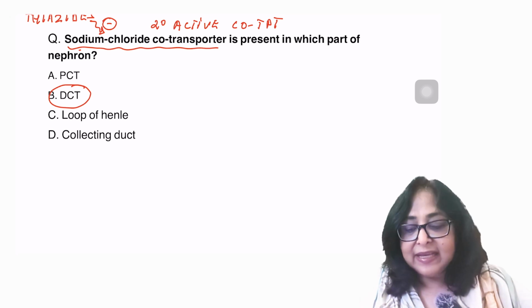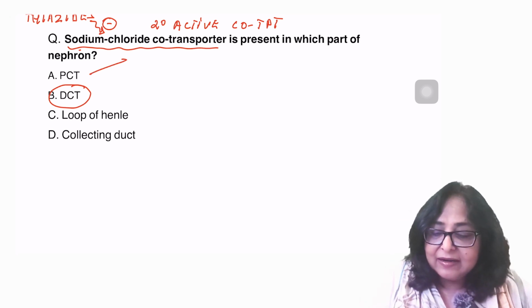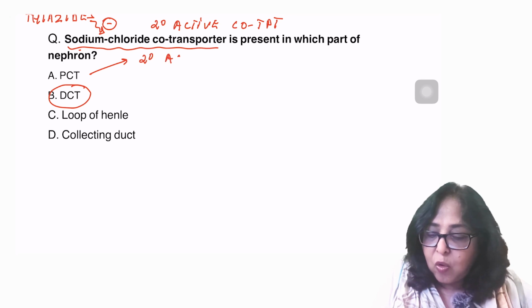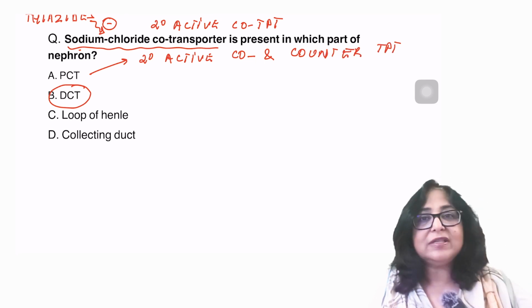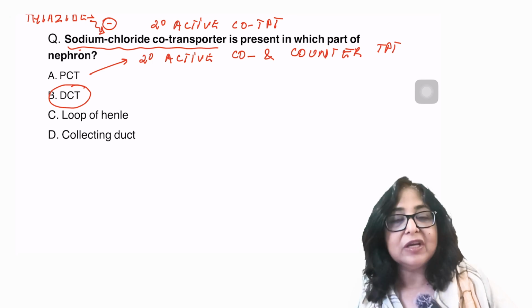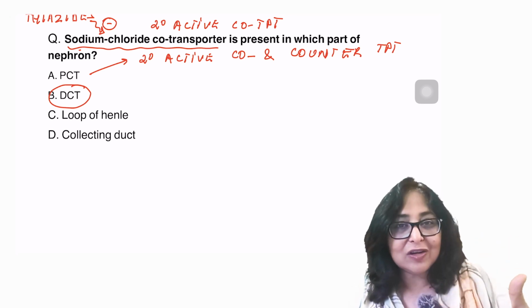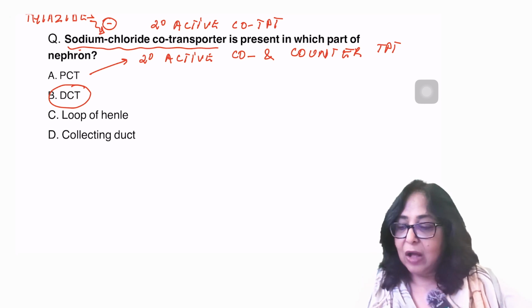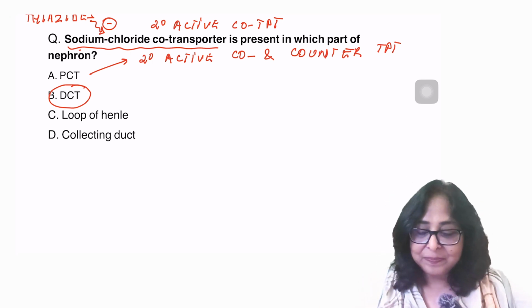Now let us see what are the examples of sodium reabsorption in the PCT. By secondary active co- and counter-transport. Which are the co-transports? Sodium glucose co-transport, sodium amino acid co-transport, sodium phosphorus co-transport. Counter transport will be sodium H+ counter transport.